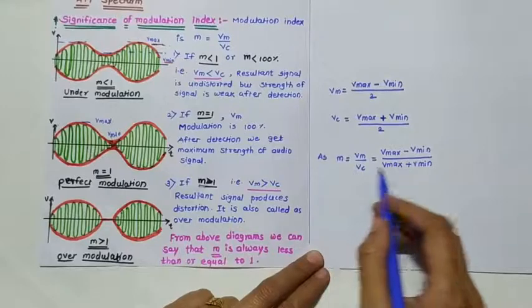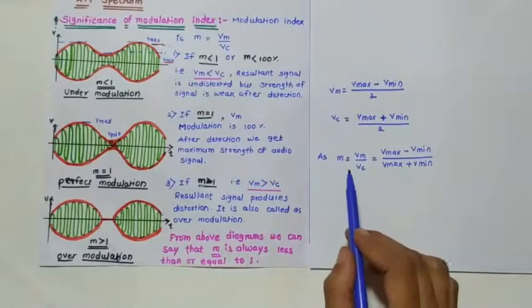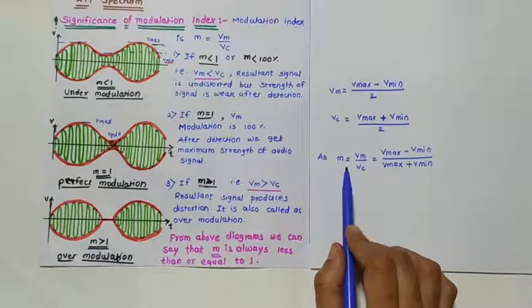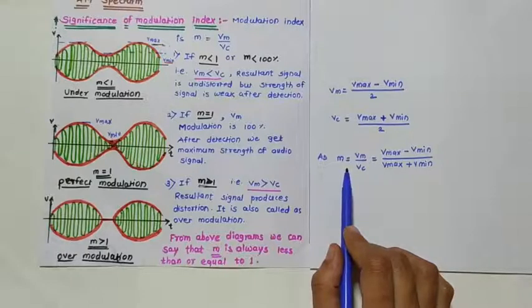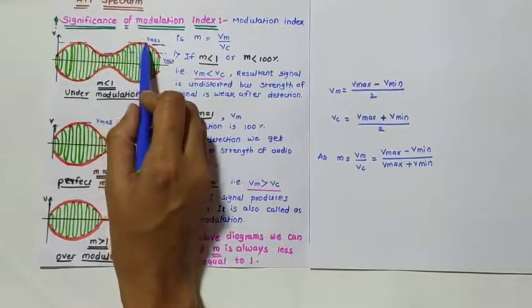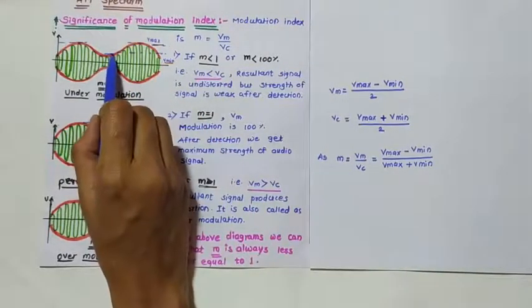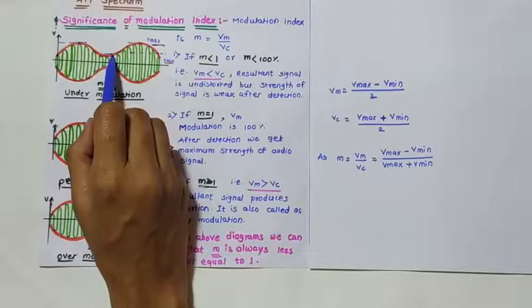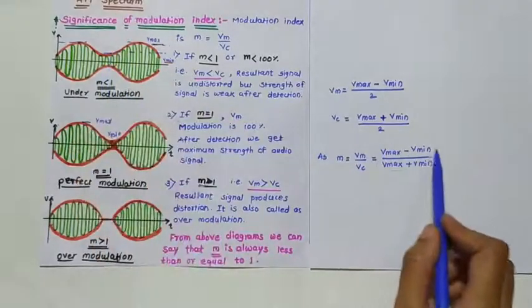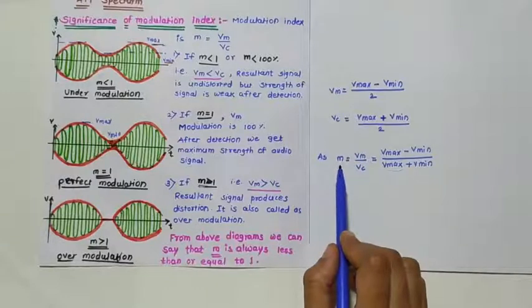So this is another equation to find the modulation index in an AM signal. Okay students, so this is a peak amplitude and this is a minimum amplitude. From this equation we can find the modulation index.